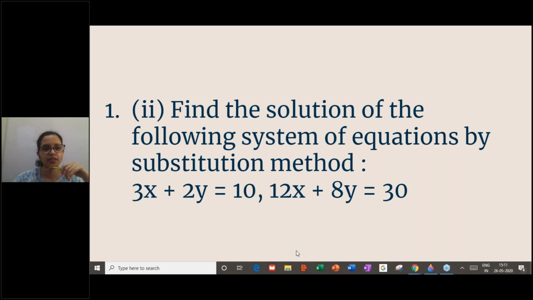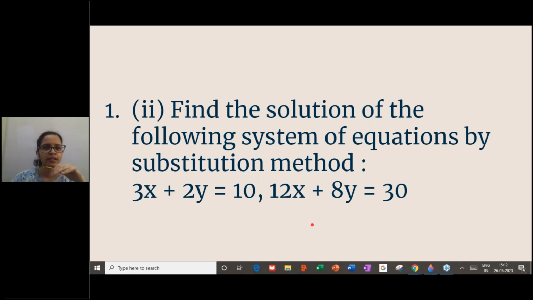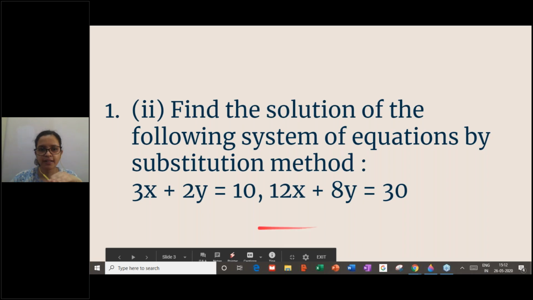In such a situation where there is no variable, no x or y in the equation, you check if LHS is equal to RHS. In this case, you get 40 is equal to 30. Correct? The equations are parallel, no? 40 is equal to 30. That LHS is not equal to RHS. So this statement is false. Hence, these two equations have no solution.